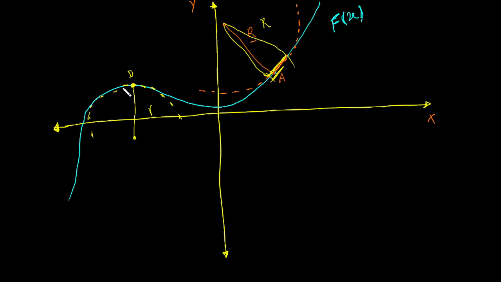Again this small portion very near to point D is exactly the same as an arc of this bigger circle with radius small r. So I can say that the function at point D is simply an arc of this circle with radius small r.